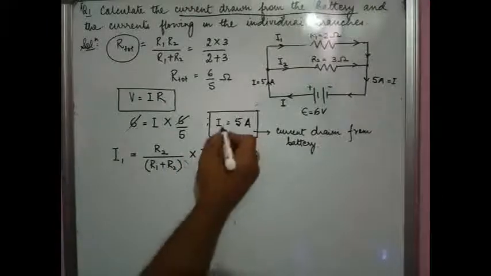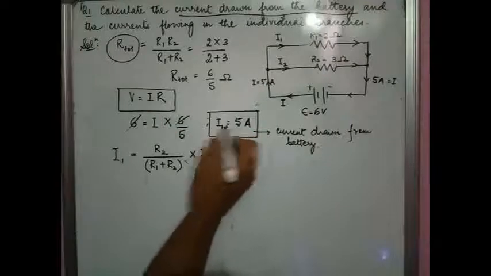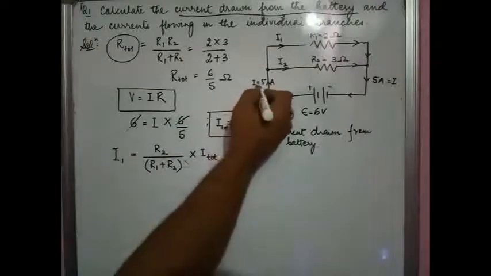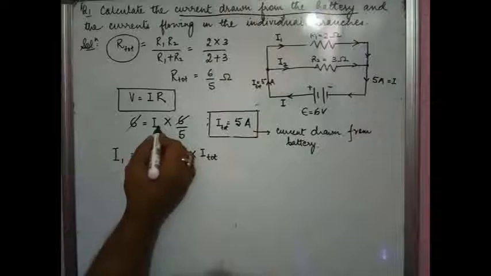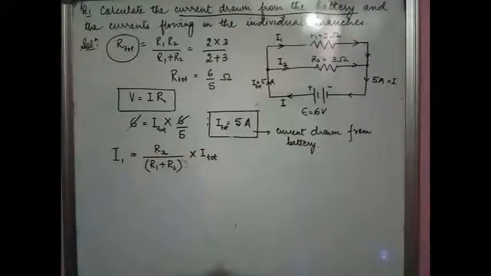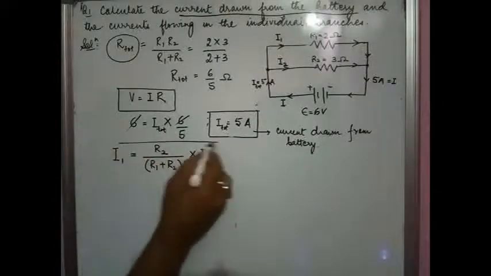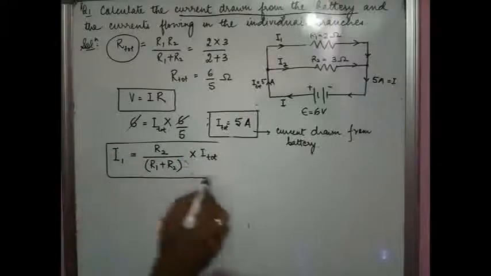So you can call this I total. I total is this I. So this is I total, as you can see. You can write here also I total. So for calculating I1, this is your formula.